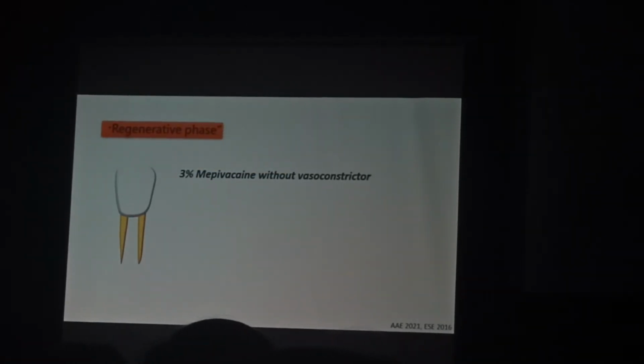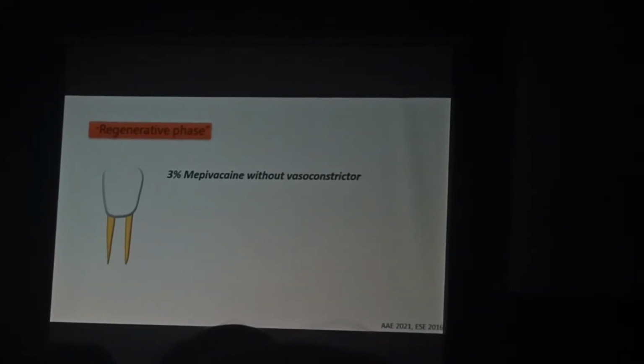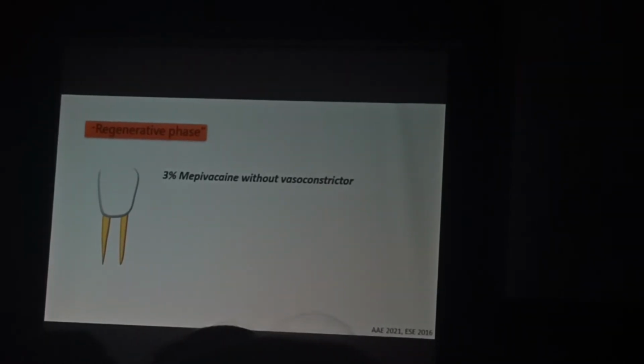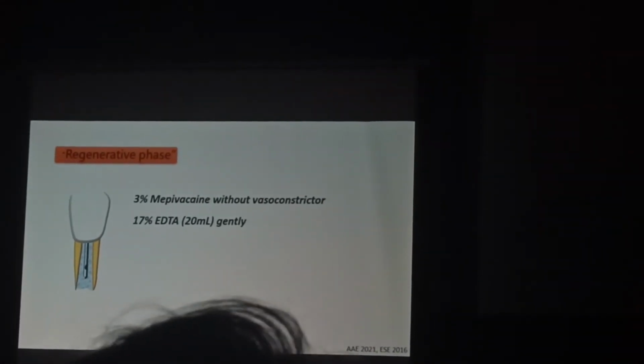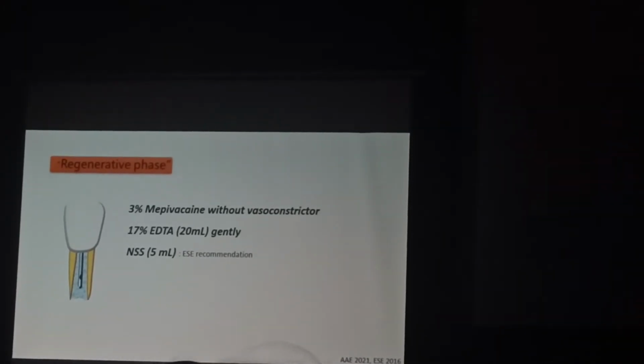In this part of the technique, we would like to promote regeneration inside by creating bleeding as a scaffold for the cells inside. For the technique, we first give the patient 3% mepivacaine without vasoconstrictor, because it is going to be painful at this stage, and a vasoconstrictor may disturb the bleeding that we would like to generate. After that, rinse gently with 17% EDTA, and also rinse with normal saline.